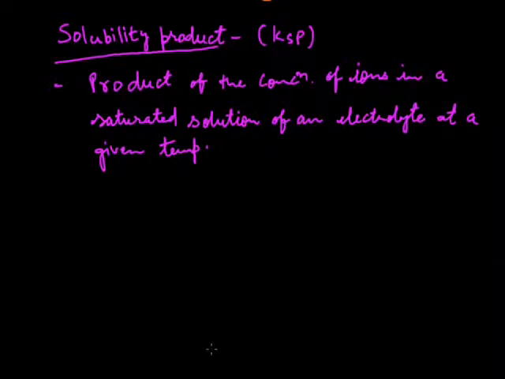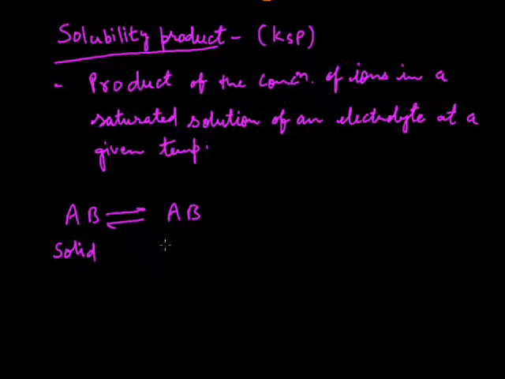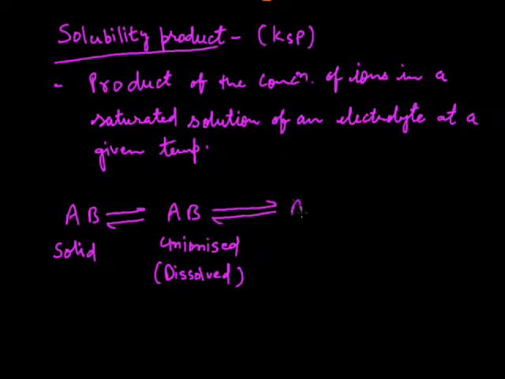In a saturated solution of an electrolyte, two equilibria exist and can be represented as AB solid in equilibrium with AB unionized but dissolved. It further exists in equilibrium with A plus and B minus ions.